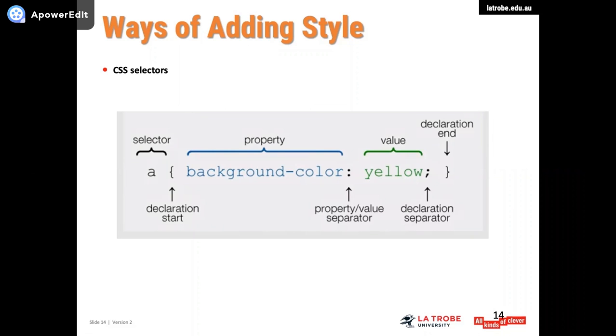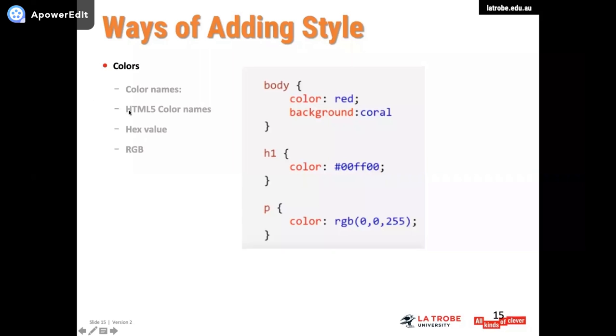First, let's talk about how to change the colors of the text. In CSS, to change color, first you need to select which part you want to change as a selector. You may want to change the body, the header or the paragraph, then followed by color. You can change the text color, or you can change the background color.